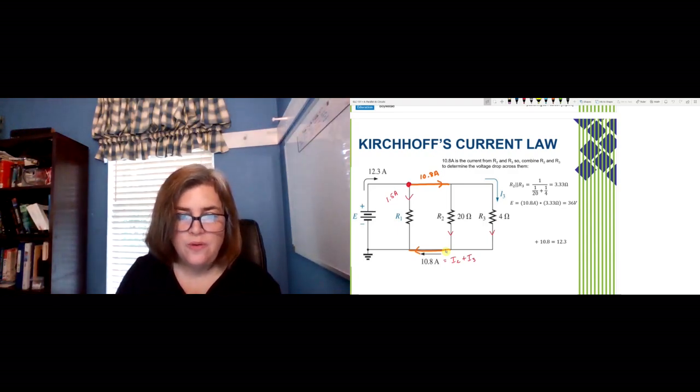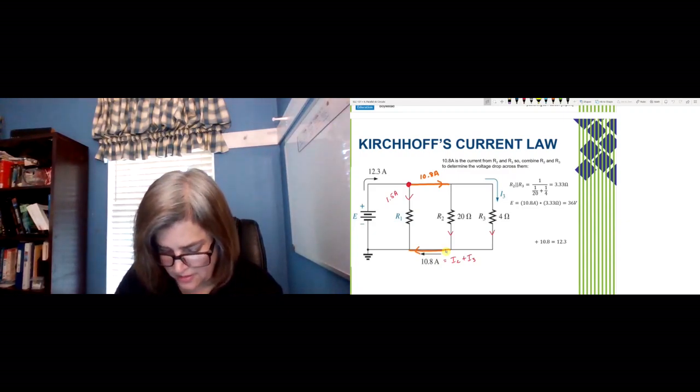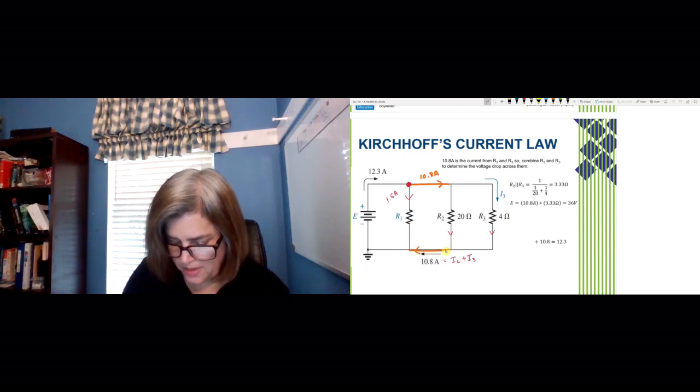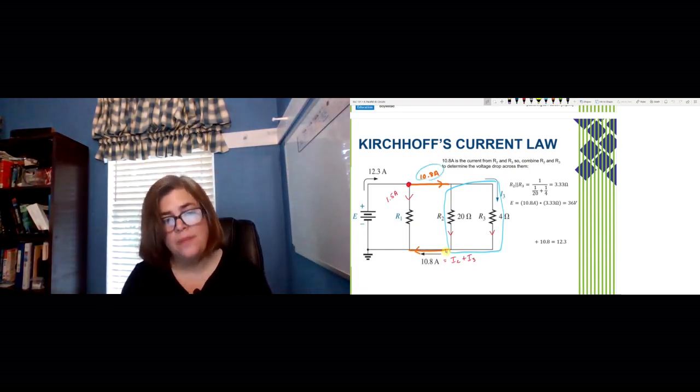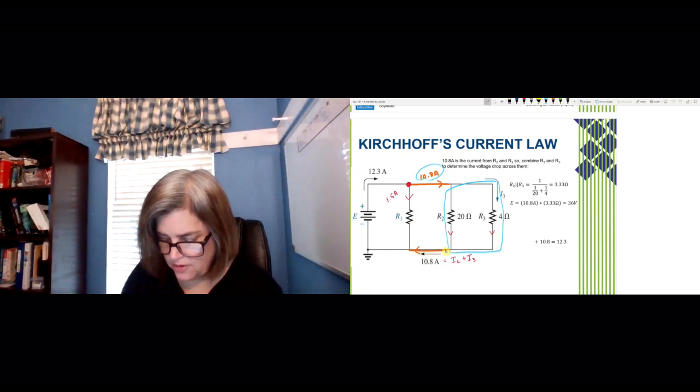Okay, so it's also important to note that the 10.8 amps here, if we were to combine R2 and R3, this would be the current through the combination of the 20 and the 4. So that's what we've done here.